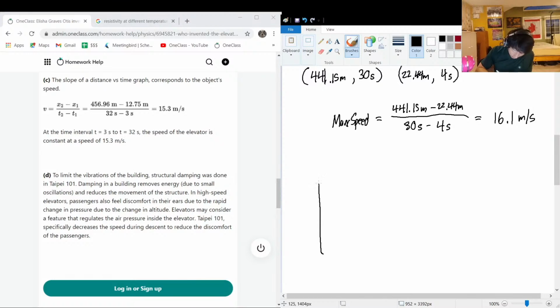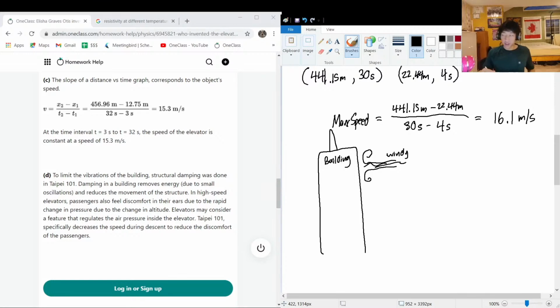So this is a tall building, and here we have some gusts of wind. The building is going to wobble, which is going to be quite scary for the people inside, thinking an earthquake is going on.